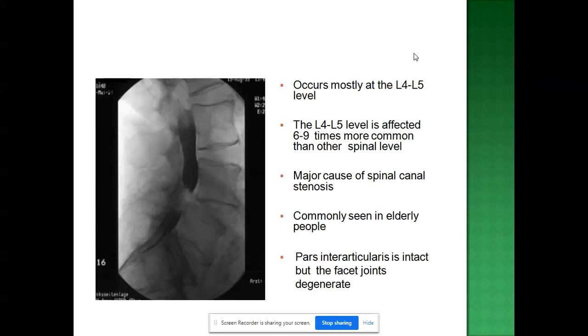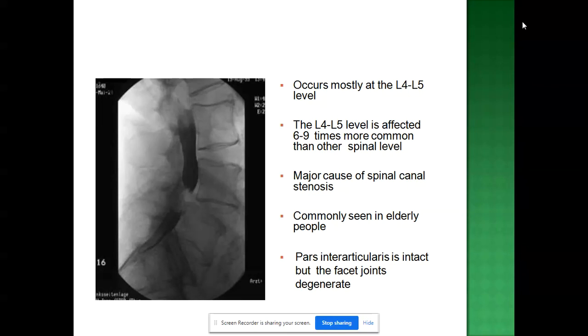So you can see in this picture, this image is visible, Shweta, on your screen. Yes, ma'am. Okay, so what is happening? One vertebral level, for example, in case of lumbar spine, we have L1, L2, L3, L4 and L5. So if L4 or L5 is moving ahead, moving anteriorly over the inferior vertebra, then it is called spondylolisthesis.